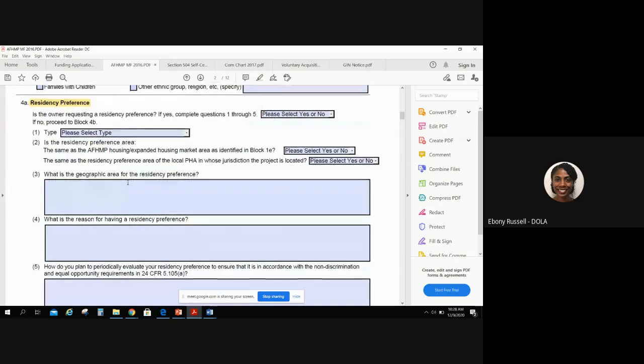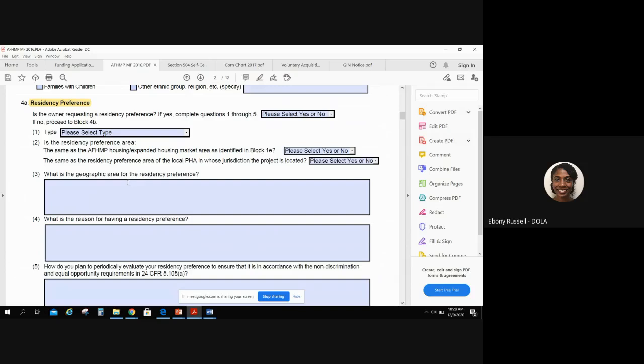The residency preference area, that's basically saying that you will admit people first who reside or work in that area.